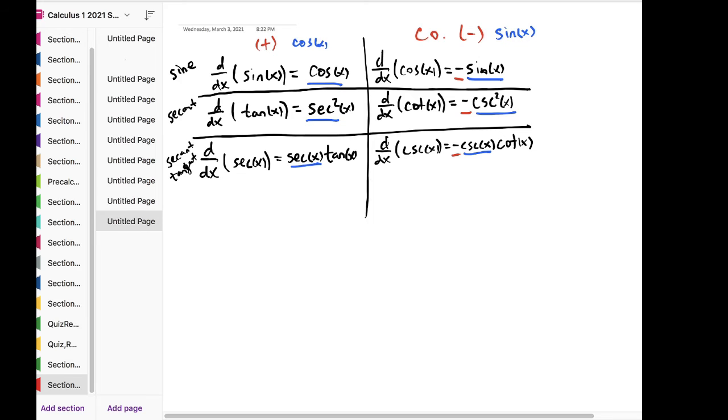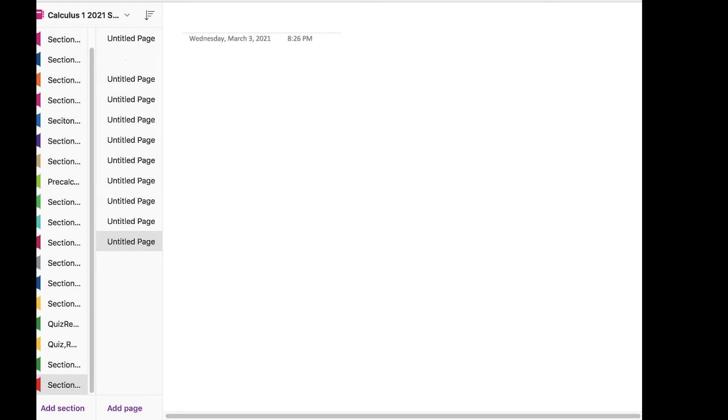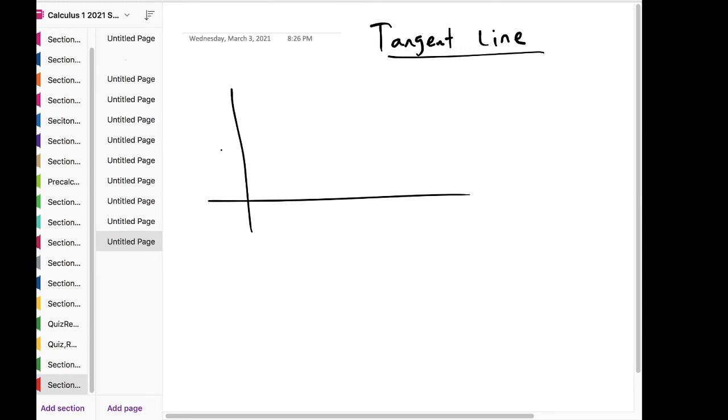So let's go backwards and start talking about the tangent line again. So what is special about the tangent line in calculus? What was so special about the tangent line?